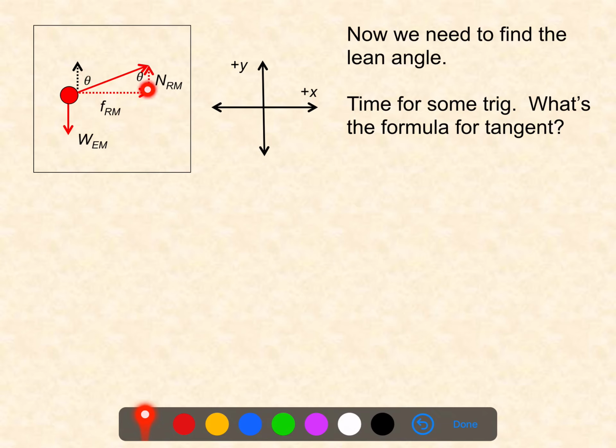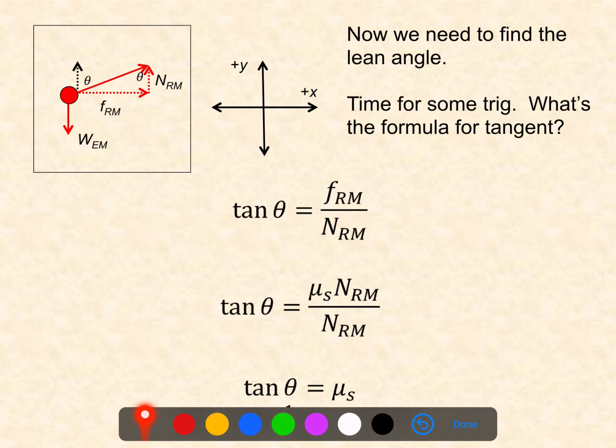If I draw a parallel line here and create a little reference triangle, I can see that this is my theta here, alternate interior angles being equal to one another. So within this little right triangle, I can think about the trigonometric function tangent, and I can see that the tangent of this angle theta is going to be equal to the force of friction divided by the normal force.